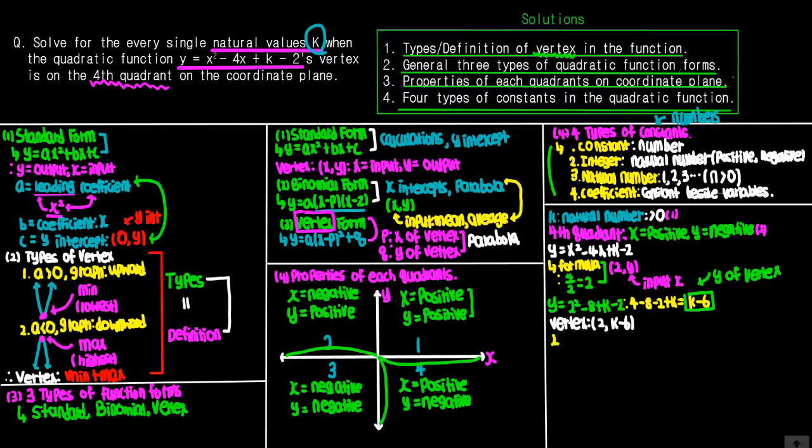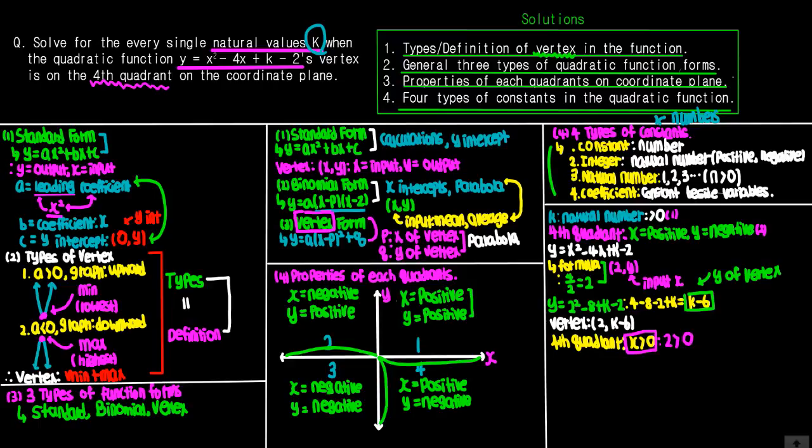It says the vertex should be in the 4th quadrant, where x should be positive. So x should always be greater than 0. Let's actually compare it. Our x value, which in this case is 2, should always be greater than 0. It is a true statement.